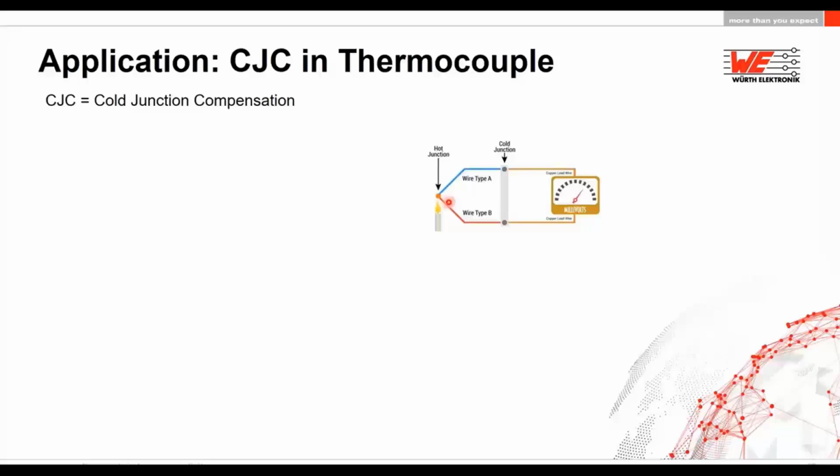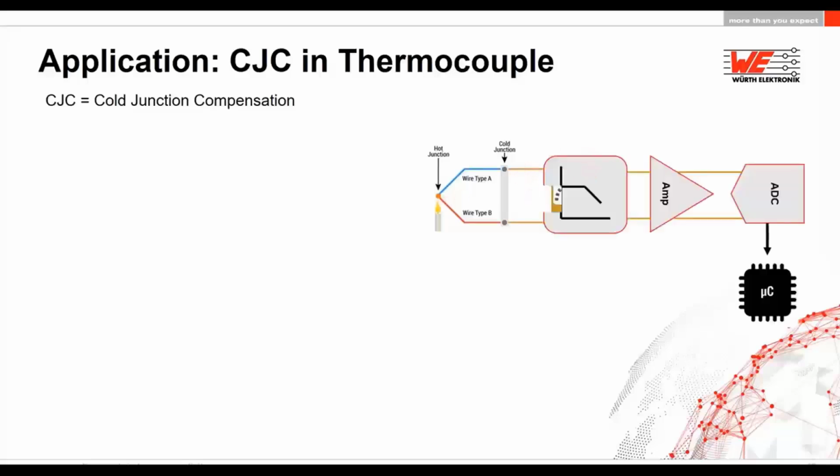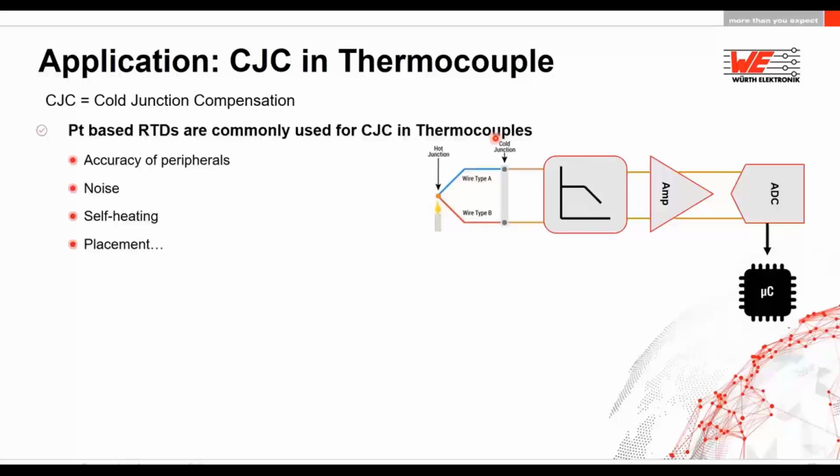Usually the thermocouples have some filters, some amplifier, and a digital circuit that stores the temperature in a microcontroller. In order to know the cold junction temperature, the most widely used sensors are platinum-based RTD sensors, where you place the RTD as close as possible to the cold junction.